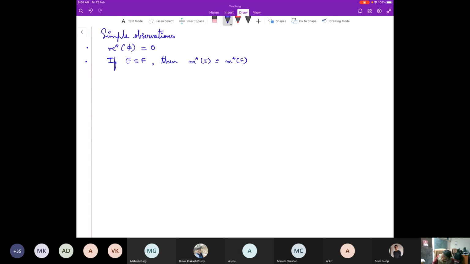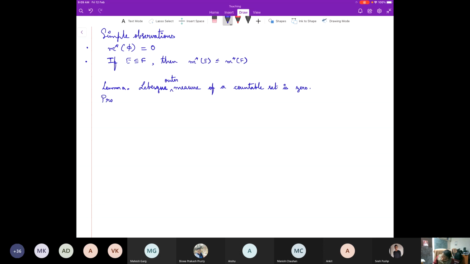Fine. So I'm putting it as a lemma next, but again, you can easily observe that the Lebesgue outer measure of a countable set is 0.